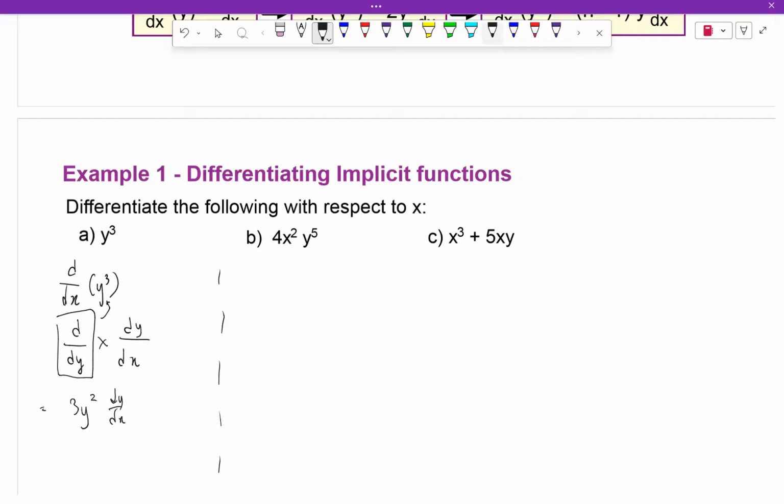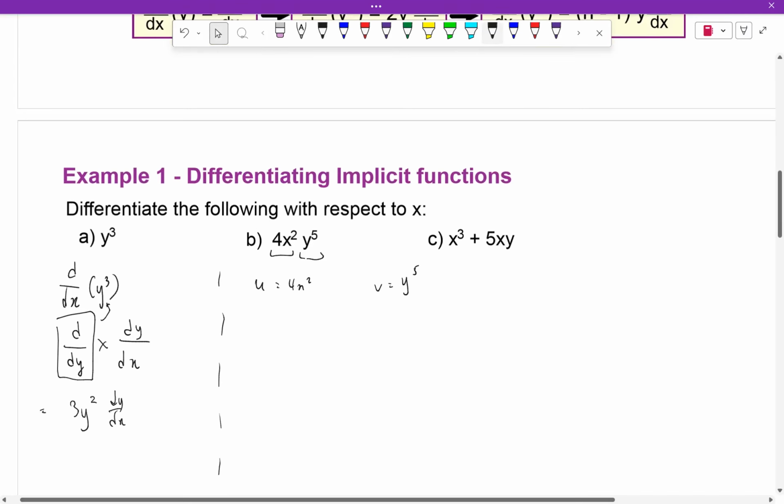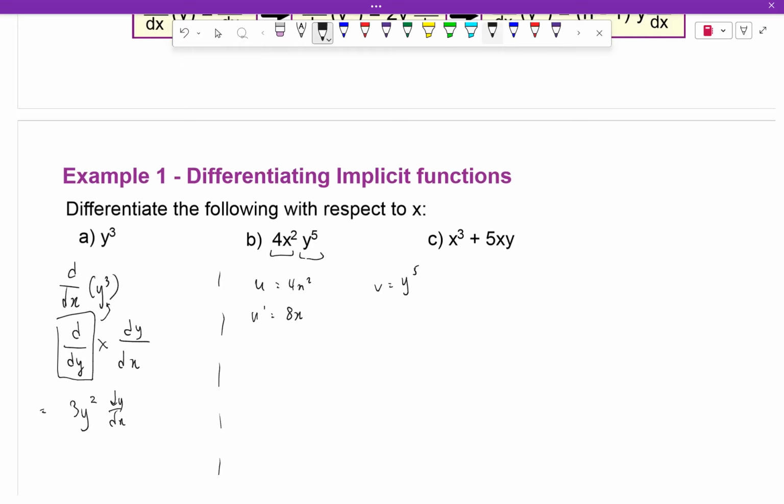But you have to be careful, because sometimes in the product rule, quotient rule or others you will encounter it. For example, this one: you treat it as the product rule, where u equals 4x squared and v equals y to the power of 5. Here u differentiated is with respect to x, so it's quite straightforward, which is 8x.